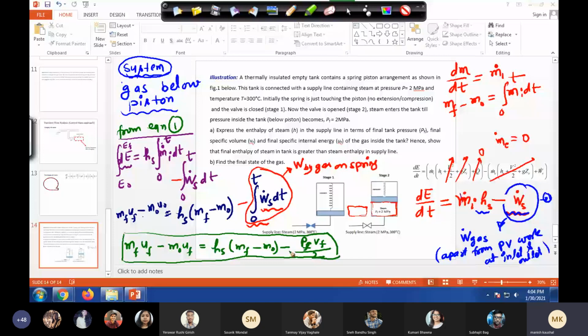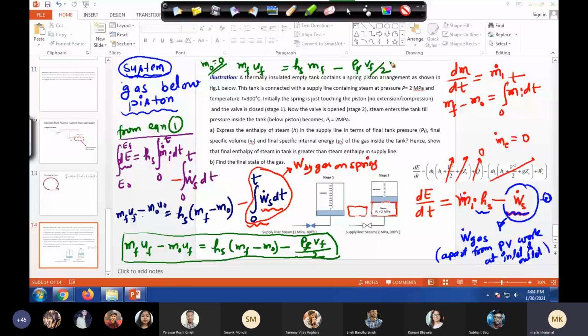If we take M naught 0, then it is MF UF is equal to HS MF minus PF VF by 2. Okay. So yeah, that's all. We have expressed it. That's what we wanted. Fine.